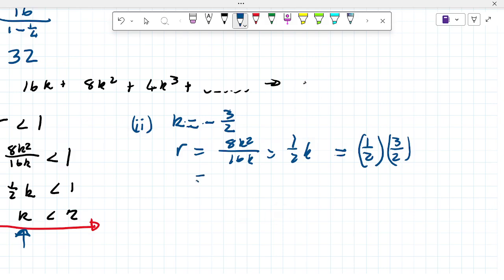So R is what? 3 over 4. What is A? Well, A is 16K, so it is 16 times 3 over 4, and that would be 12. Do you agree with me?